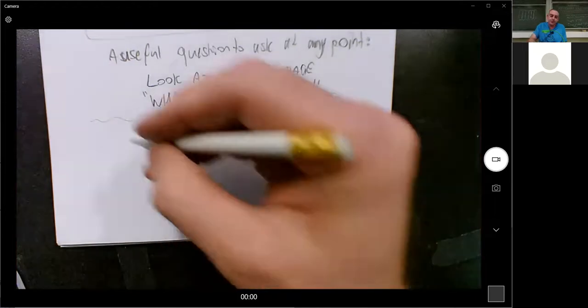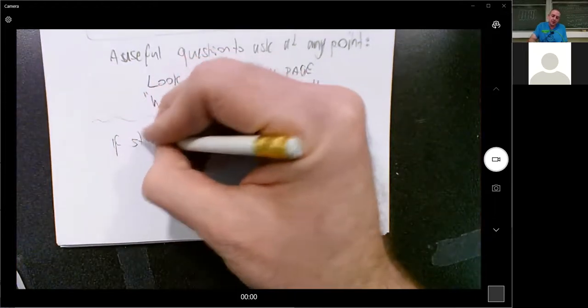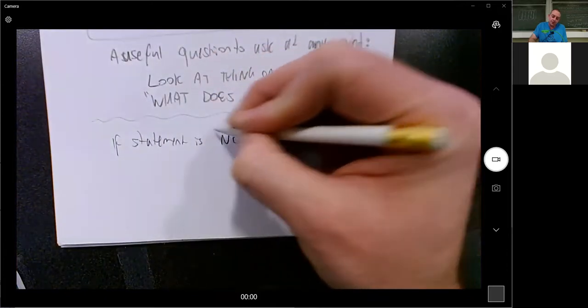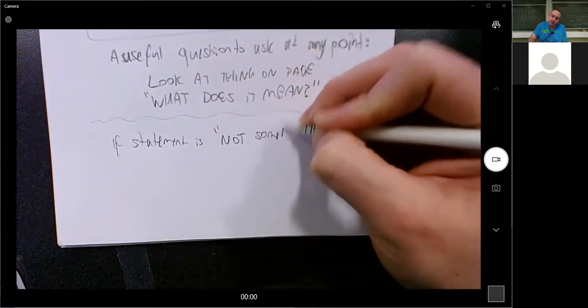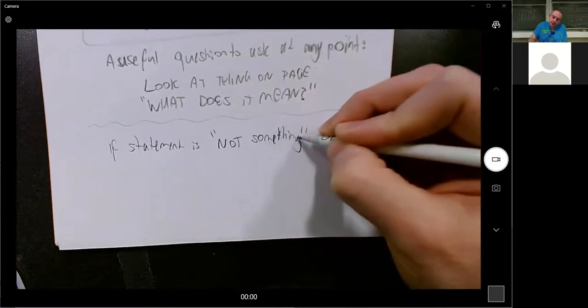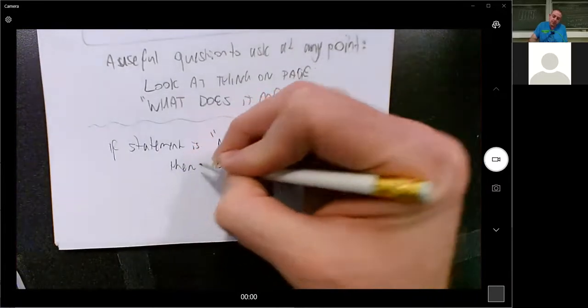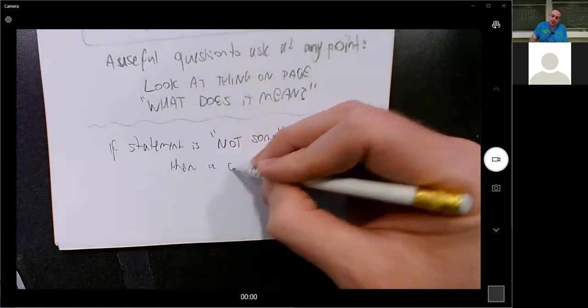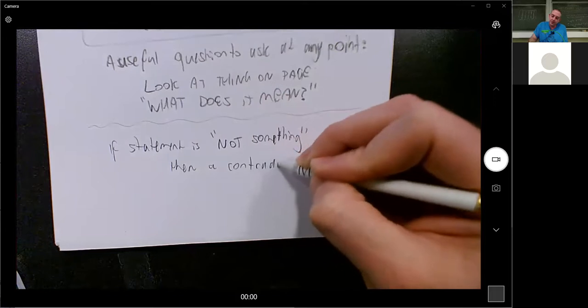So if the statement is not something, then a contradiction or contrapositive might be easier.